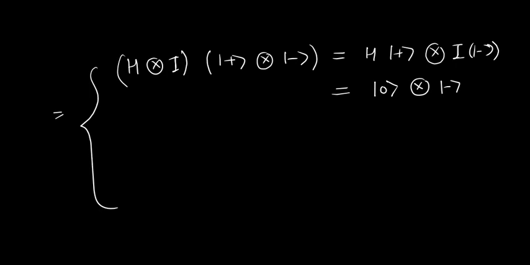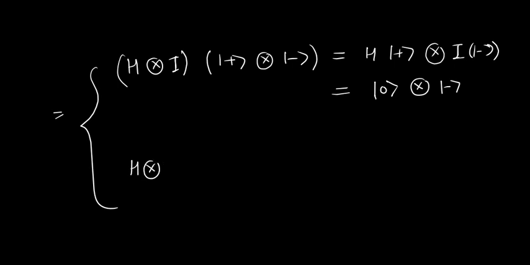So the first qubit will be in 0. You can see that the first qubit is in the computational basis state 0, while the second qubit is in 1 by root 2 (0 minus 1). So it is in the computational basis.